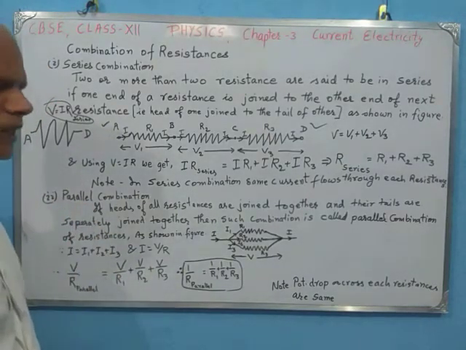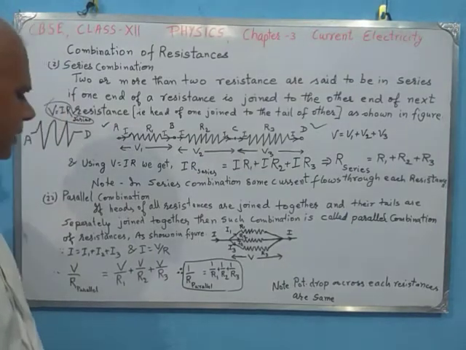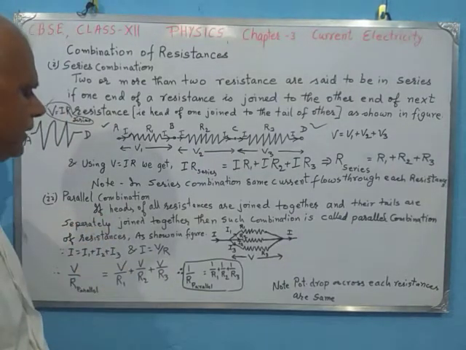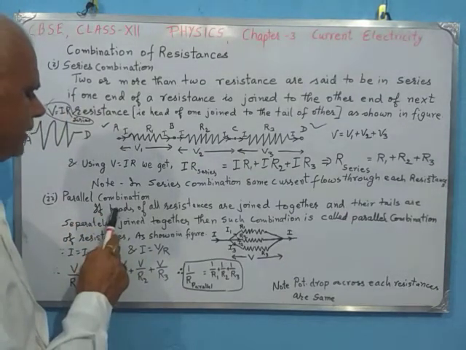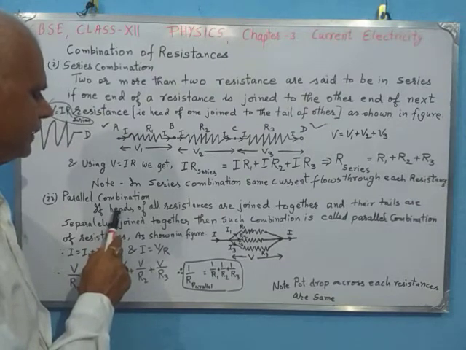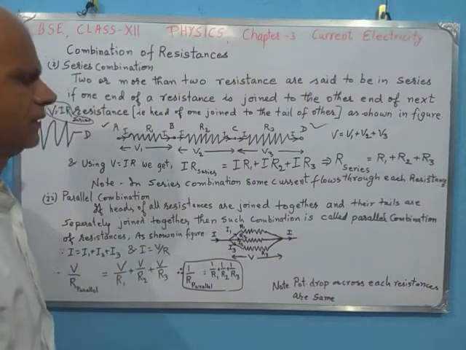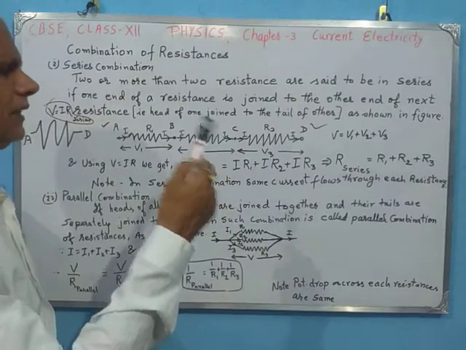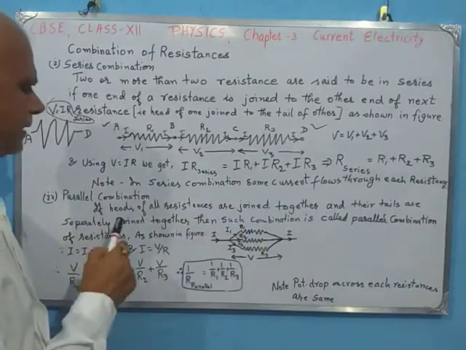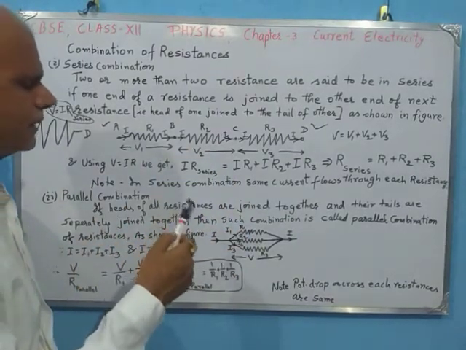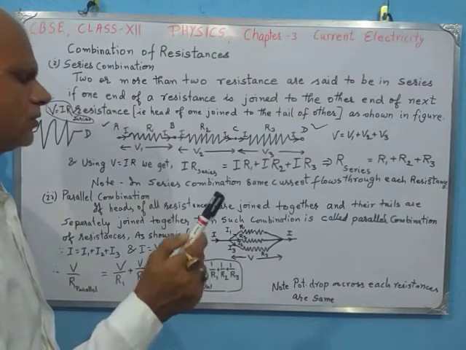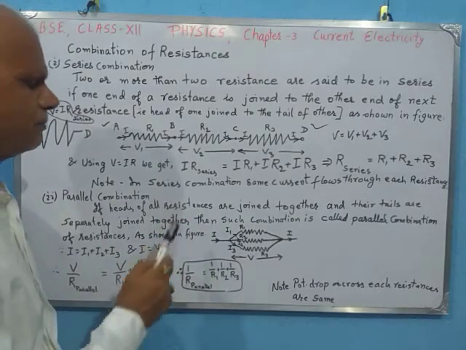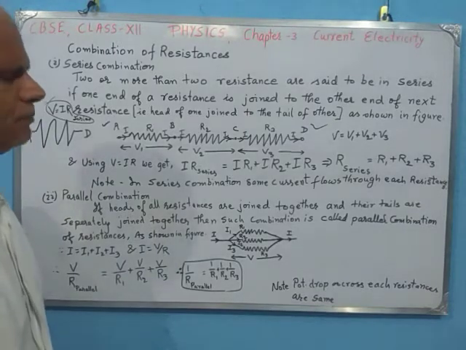Now similarly we can talk about parallel combination. In parallel combination, what we do is we tie up together the heads of all resistances and their tails separately and connect them together. Then that combination will be called parallel combination.